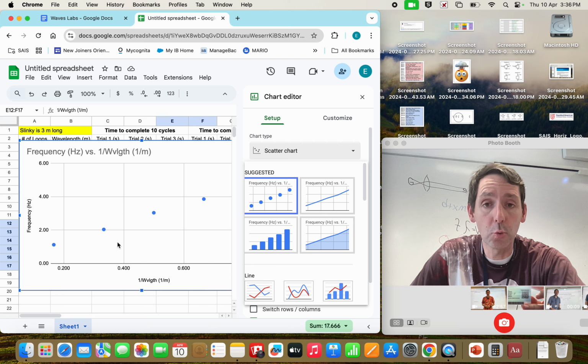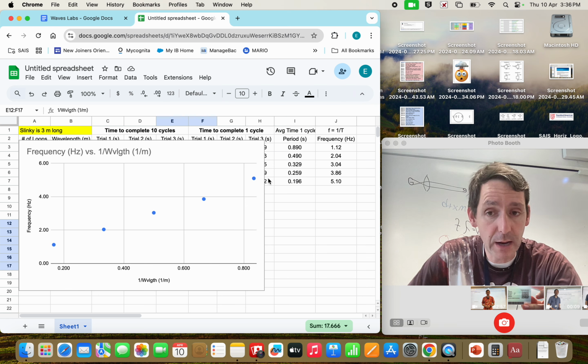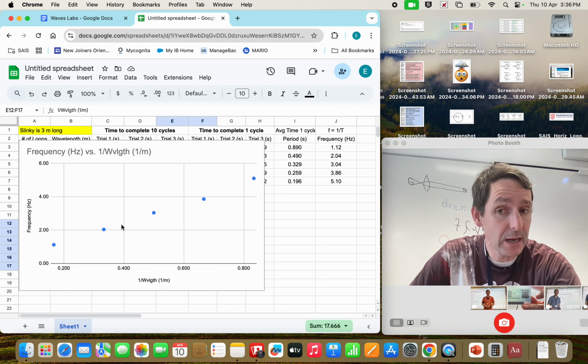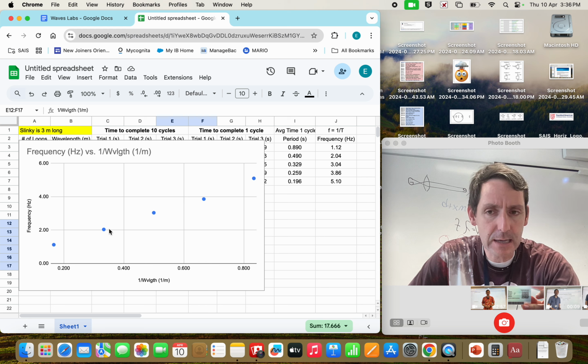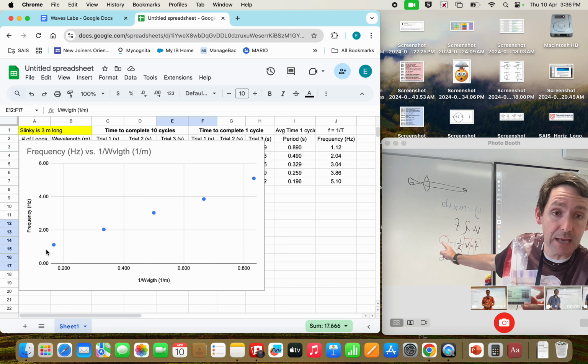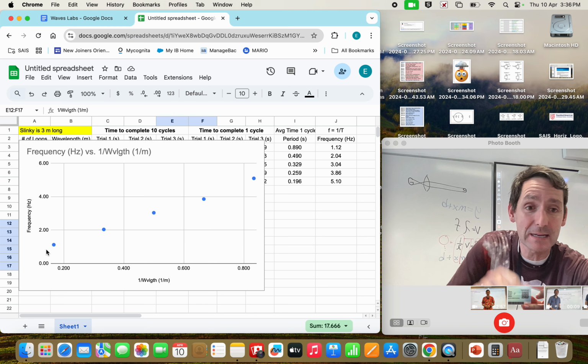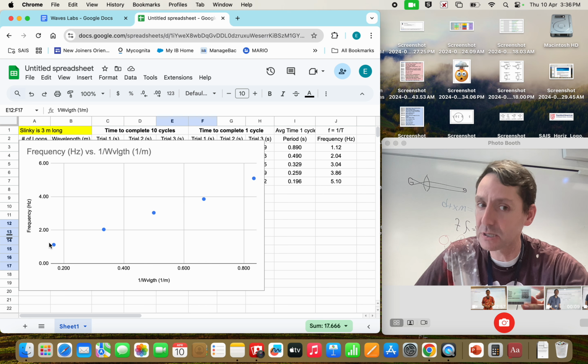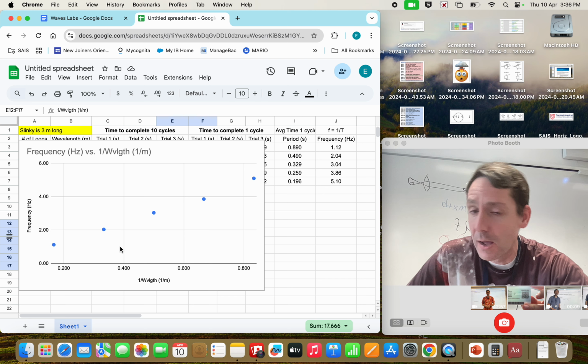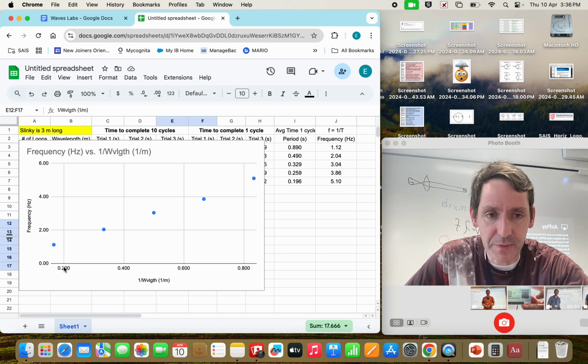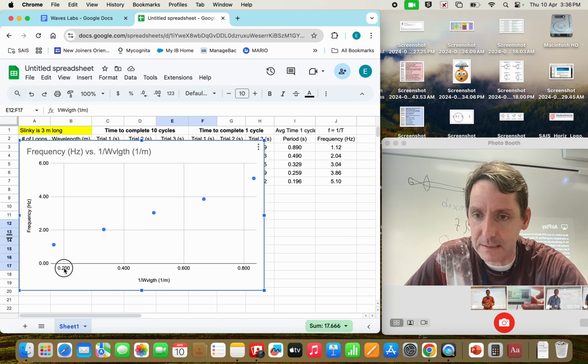All right. So what hopefully you'll see now is that we actually have a fairly straight line. Many of you are looking at this and saying, well, the y-intercept should be 0. The y-intercept isn't 0. Actually, the y-intercept is really, really close to 0. I haven't actually done this data before. This is the first time I'm analyzing this data.